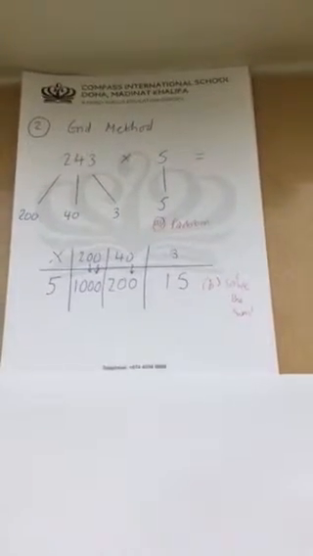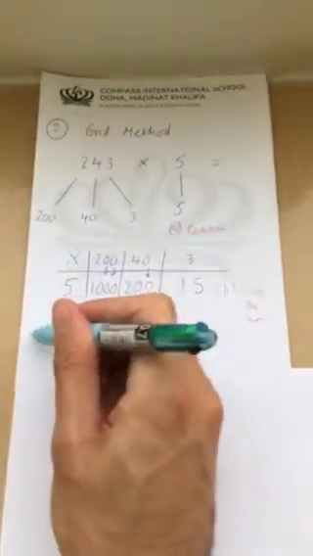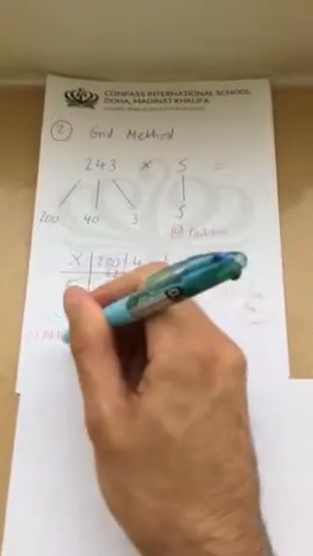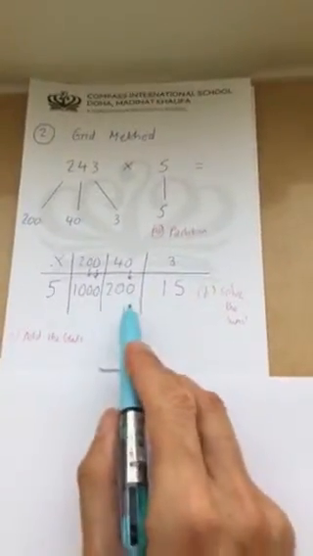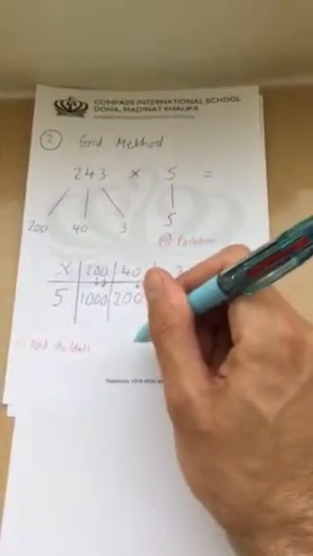Okay. Then we're going to move on to C. So C now is add the totals. We've got 100, 200 and 15. Not 100, 1000. How do I want to do this?